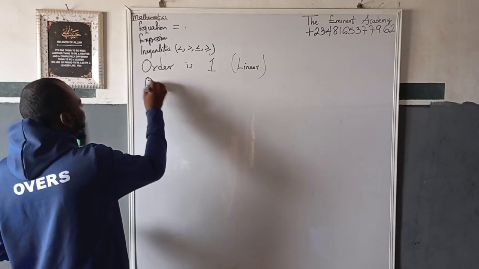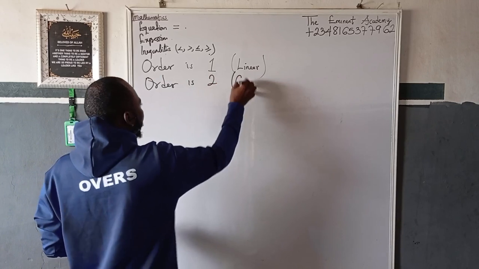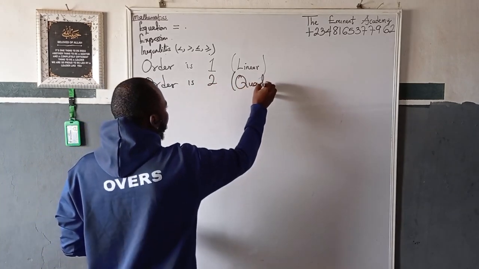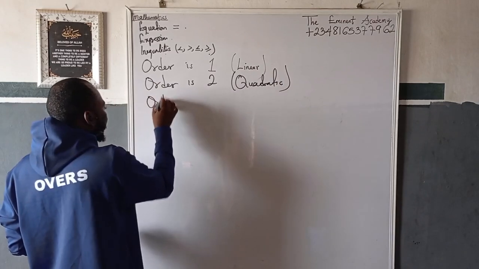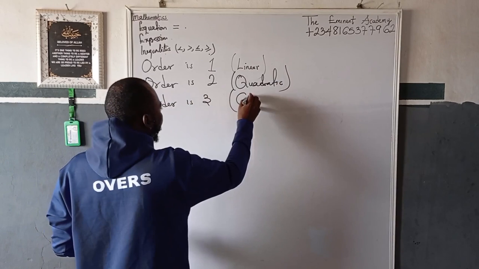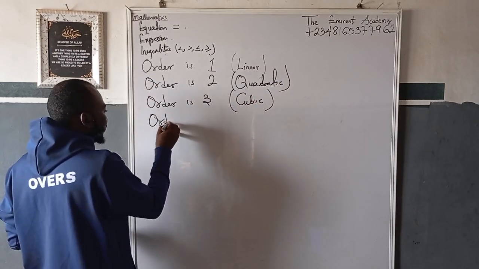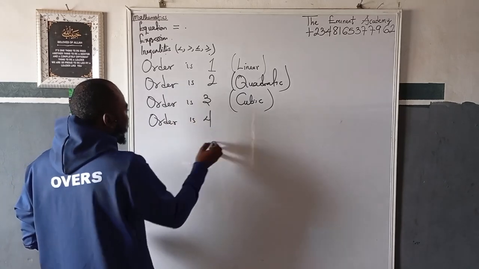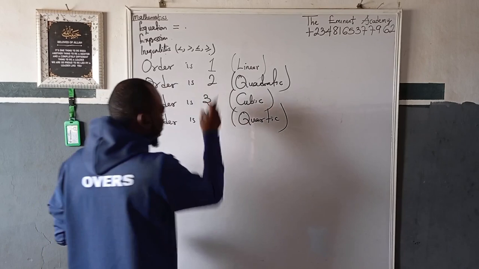Linear. But when the order is 2, we call it quadratic. When the order is 3, we call it cubic. When the order is 4, it is called quartic.